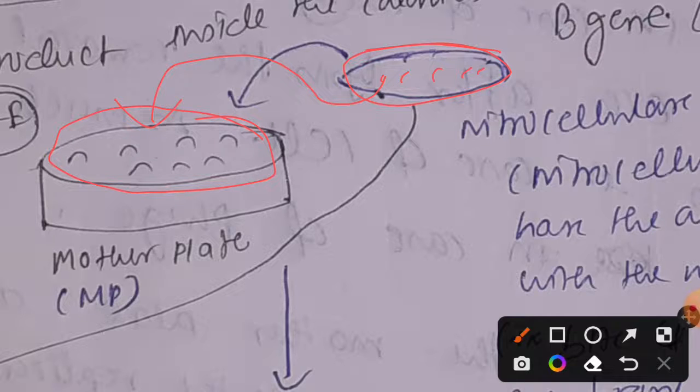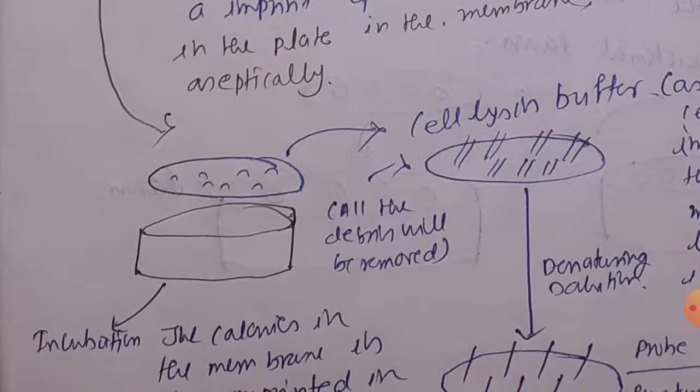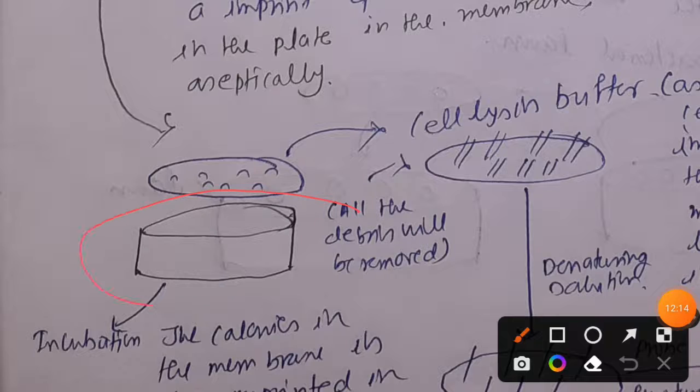Okay, now we will use that imprinted colony-containing nitrocellulose membrane to prepare another replica plate. Okay, we will simply imprint those colonies onto another plate containing appropriate nutrient agar medium. Okay, and then we will incubate them to generate colonies.